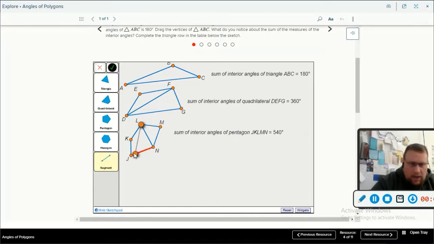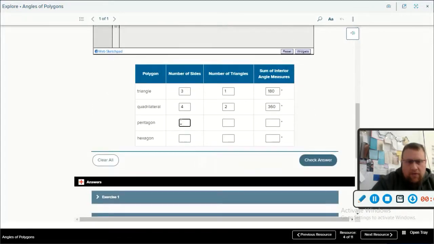Now, once again, I've separated this into triangles, and I have 1, 2, 3 triangles. So we have a 5-sided figure made up of 3 triangles, and that is 540 degrees.